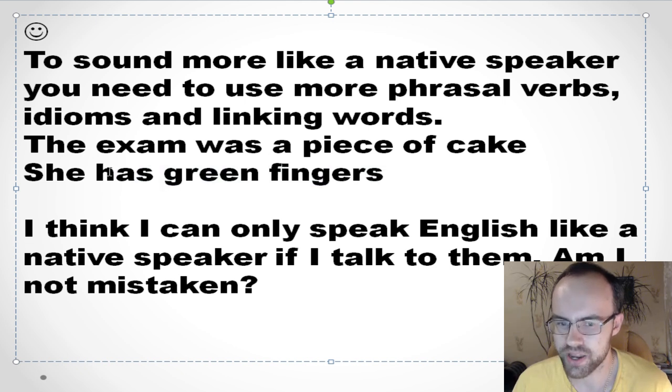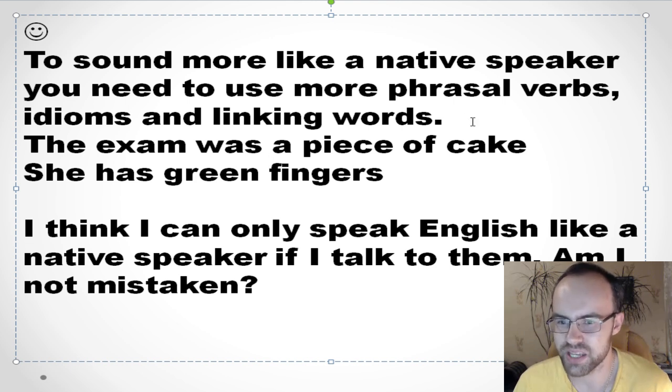It's a special expression in English, and it means that she is very good at gardening. She grows fruit and vegetables, and she does it really well. She's very professional.